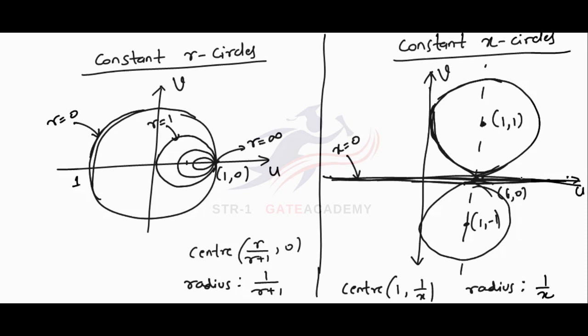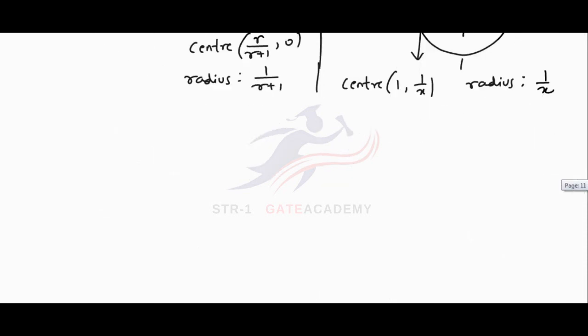Remember, this is the constant gamma plane, and we are transforming the normalized impedance to the complex gamma plane. Now, based on the constant r circles and constant x circles, we will define a few important points on the Smith chart.